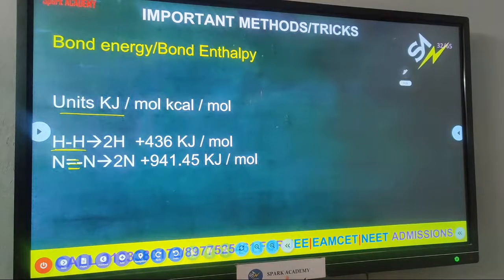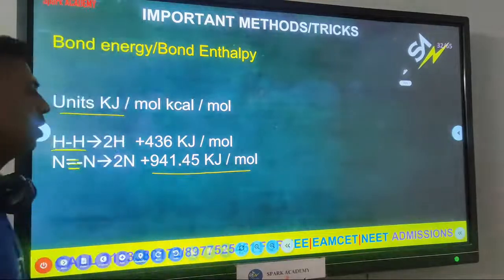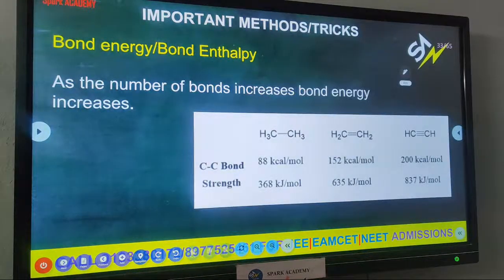How much here? 941.45 kilojoules per mole. In this way, as the number of bonds increases, bond enthalpy increases. That is the first application regarding bond energy.